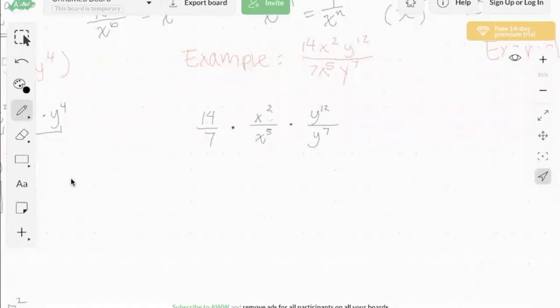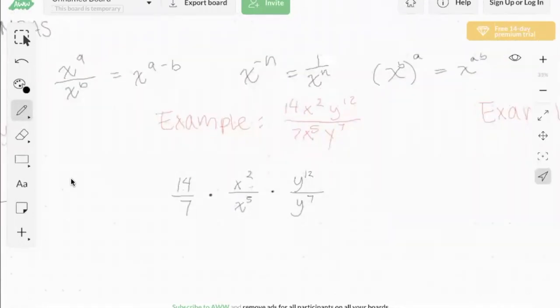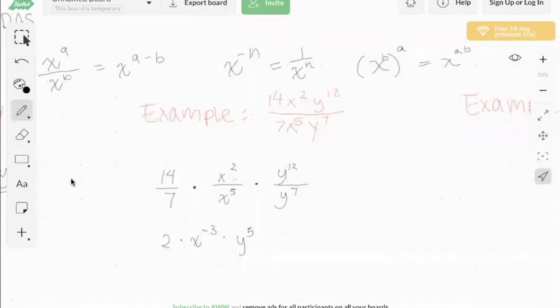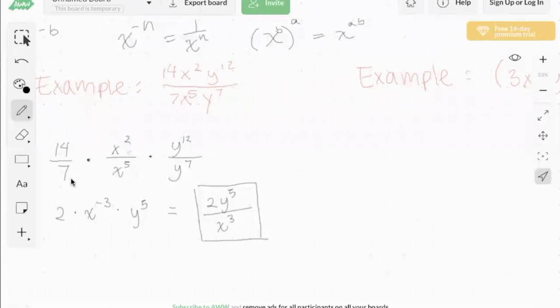Using the quotient law, 14 divided by 7 is 2, and x squared over x to the 5th is x to the negative 3rd, and y to the 12th power over y to the 7th power is y to the 5th power. Using the negative exponent rule, we know that x to the negative third is 1 over x cubed, so that gives our final answer.